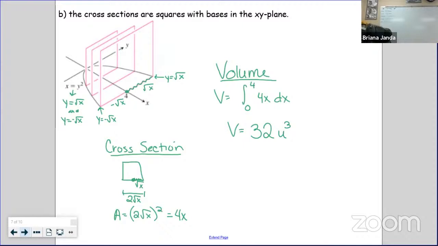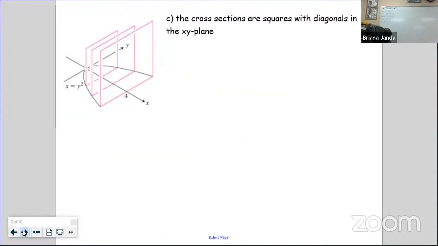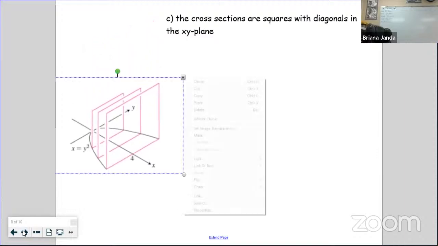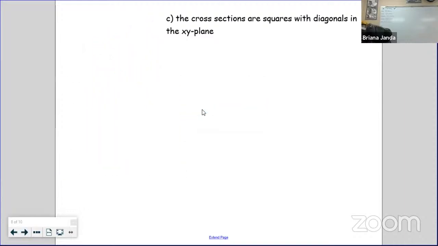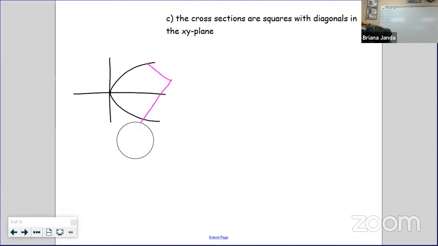Okay, again, continuing with the same function. We are going to switch it up. Now I'm going to get rid of this picture because that is not the correct picture of what's going on here. So we have this function, right? But this time our squares, the diagonal, which is going to be harder for me to draw here, our diagonal is the thing that is running across our plane.